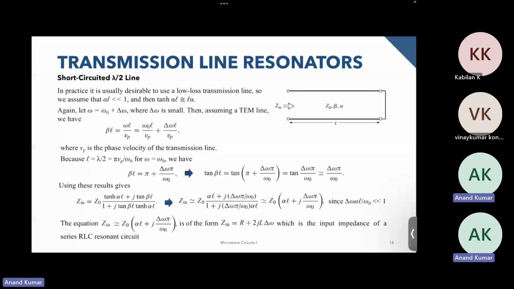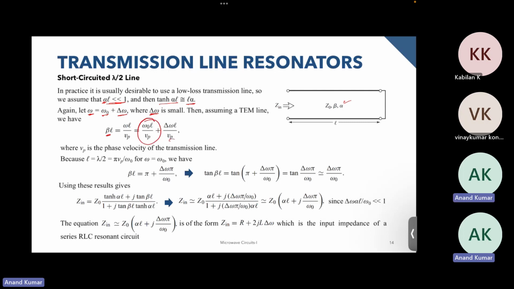So we started with evaluating alpha L. We know that this attenuation alpha is very small, although it is not zero. We are not neglecting it, but it is much smaller than one, and tanh alpha L for very small values becomes equal to alpha L. Now we take omega equals omega naught plus delta omega, where delta omega is small. Then beta L can be written as omega naught L by Vp plus delta omega L by Vp.